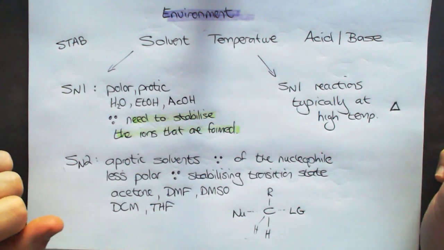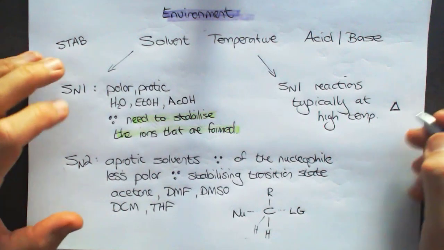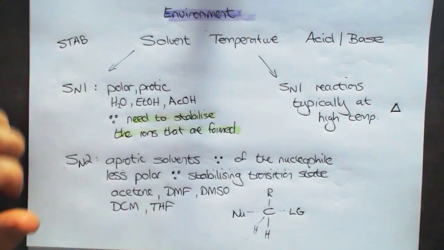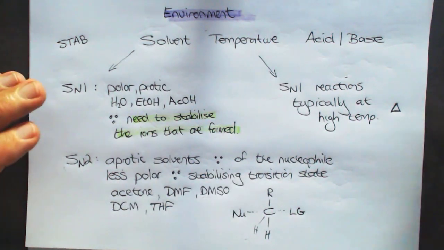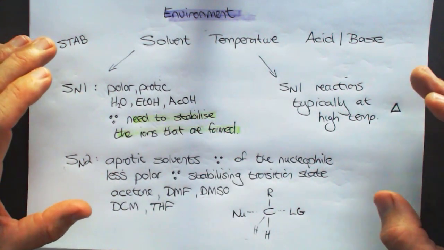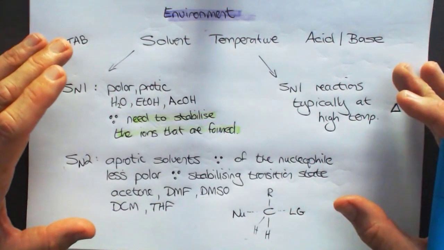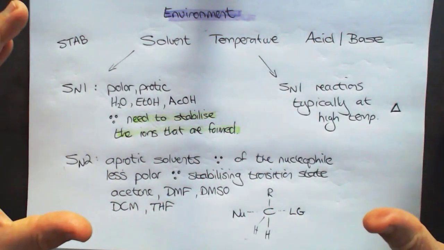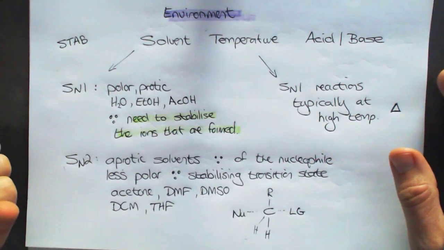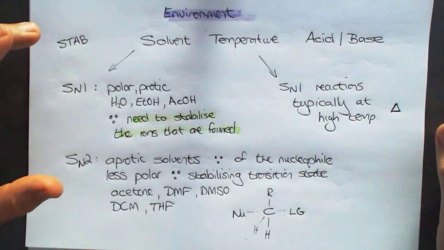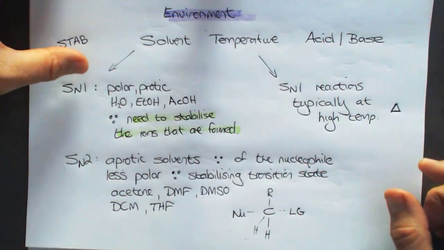We're heating this reaction, and that's usually quite a good indicator that we're probably moving towards more of a substitution. Again, there's never really just one thing when we're looking at a substitution reaction that says, oh, this must be this mechanism. We've got to look at the whole picture altogether.